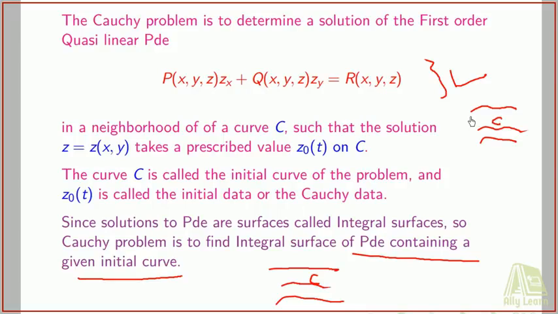So it is very similar to your initial value problems of ordinary differential equations. There you used to find the solution of an ordinary differential equation satisfying an initial condition, and with the help of the initial condition you used to find the value of the arbitrary constant.